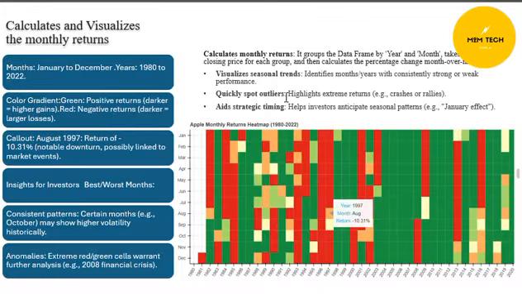This is the result from the previous slide's Python code. The y-axis is from January to December for each year, and the years are from 1980 to 2022, but there's no space to show a screenshot.